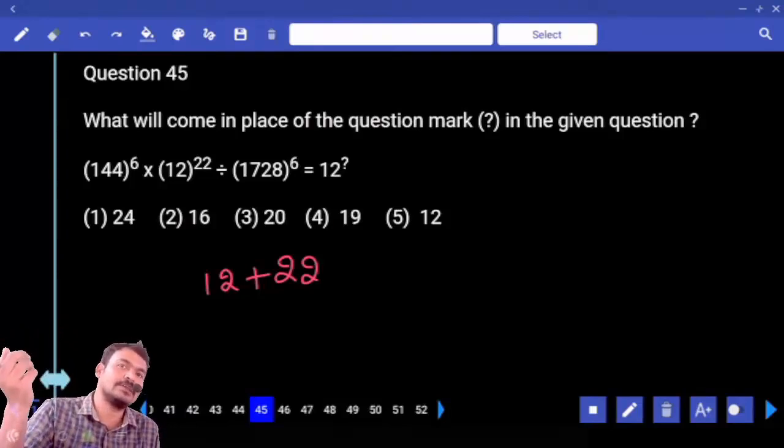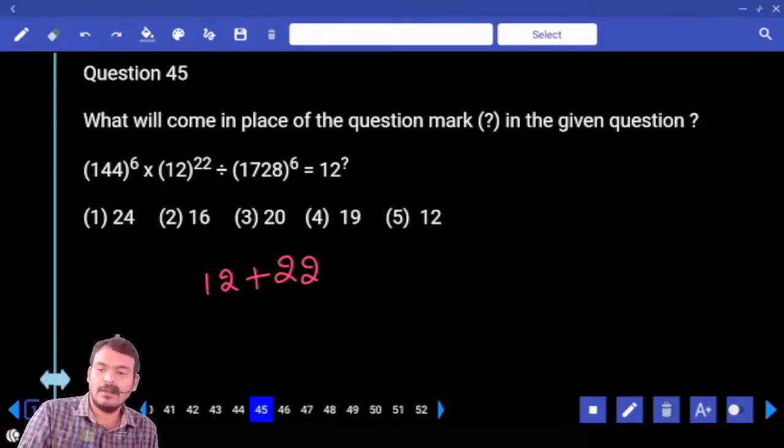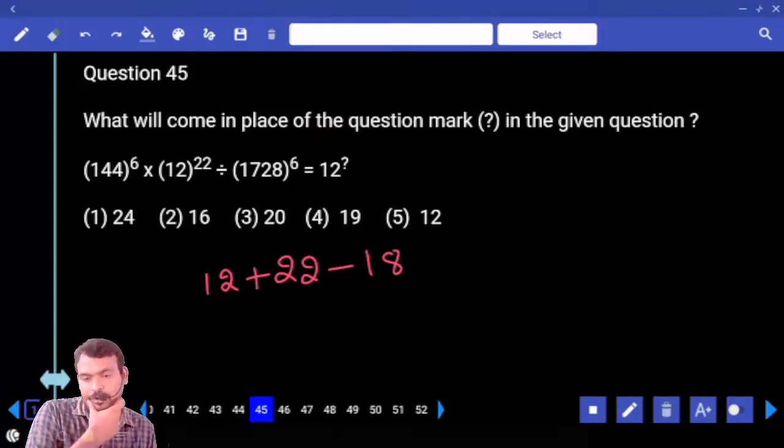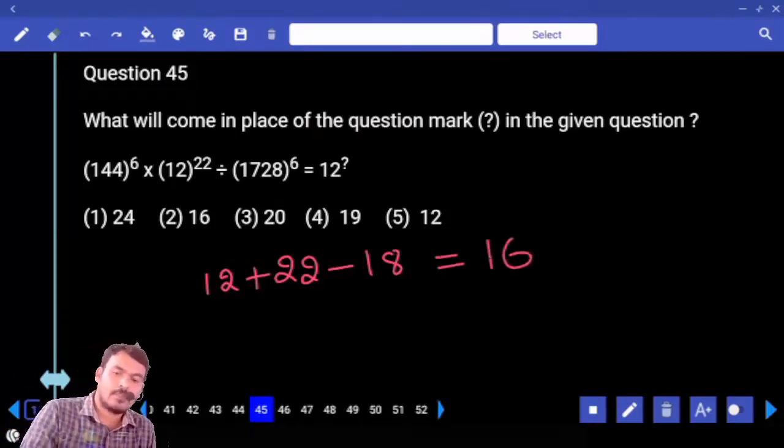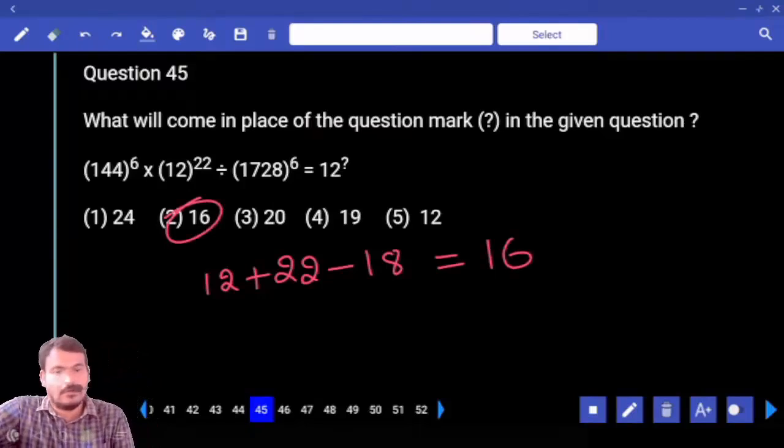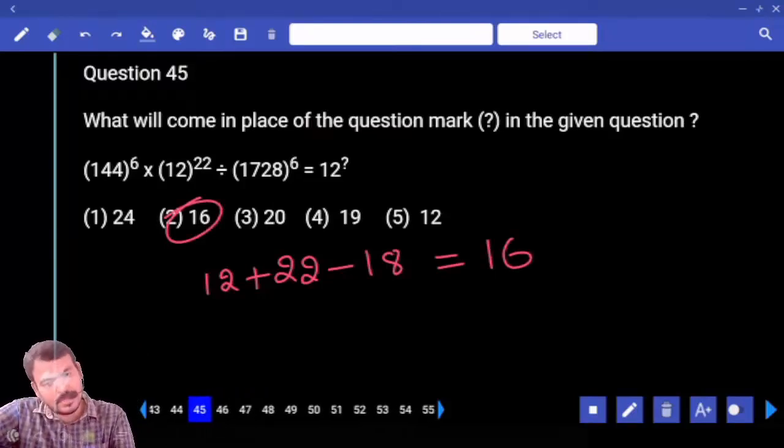Already power 6. 3 6 are 18. Minus 18 or plus 18? Minus 18. 22 minus 18, 4. 4 plus 12, 16 or not? Entire question depends on only powers or not?